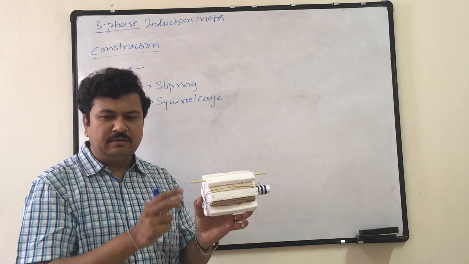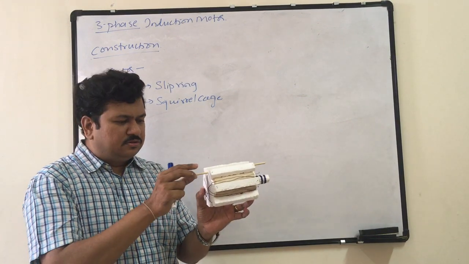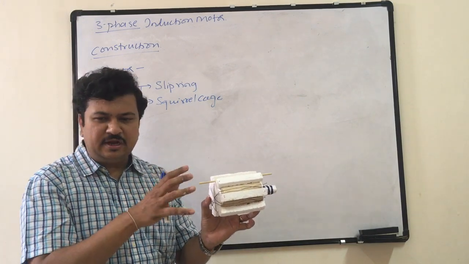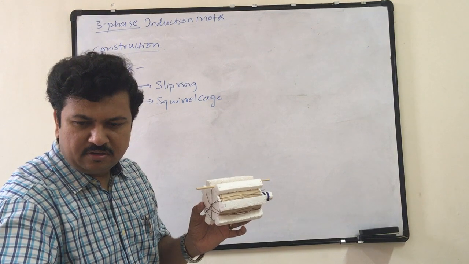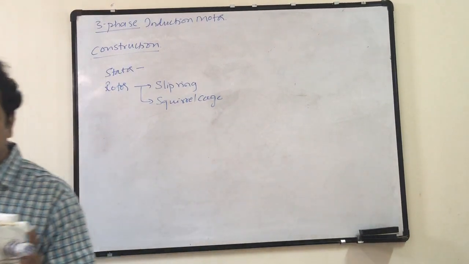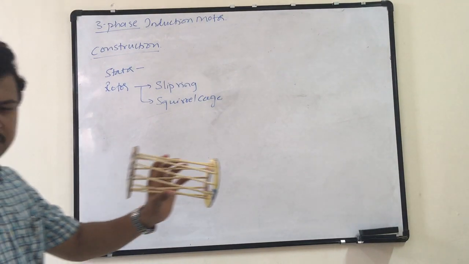At both the ends I will be bracing using thick copper rings, and that will form the cage structure. If you see only the conductors and the end rings, you will get a cage structure like this.